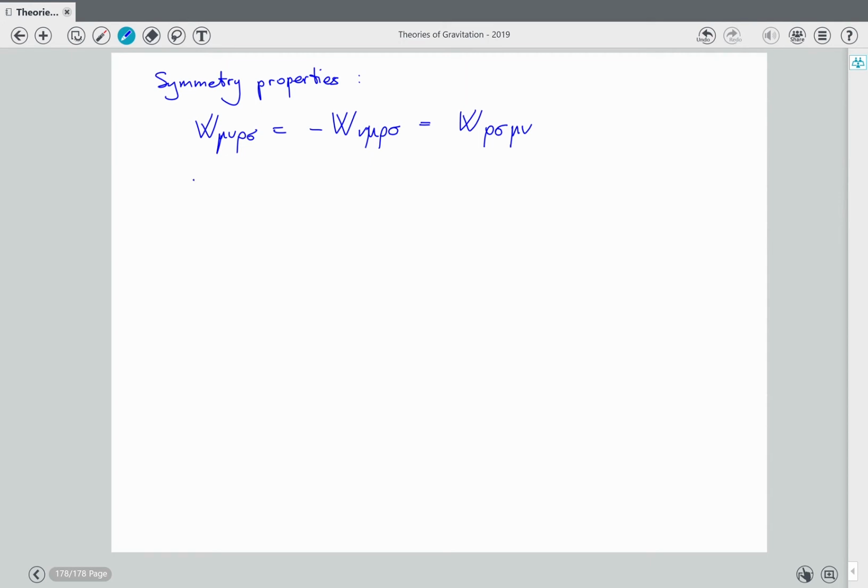Then you have a Bianchi identity. So if you cyclically permute the last three indices, and you keep the first one fixed, and you sum, you have 0. Nu rho sigma, nu rho sigma. That is 0.